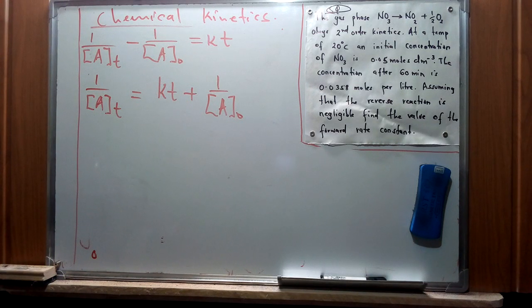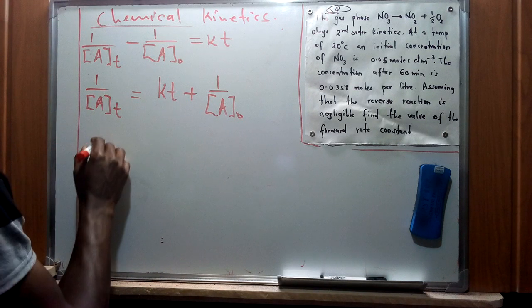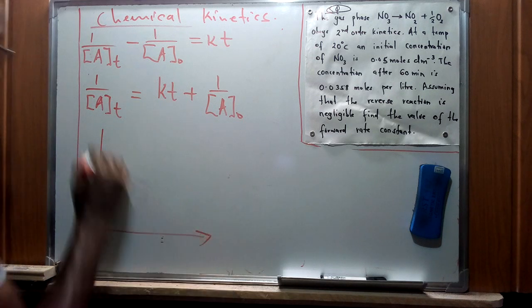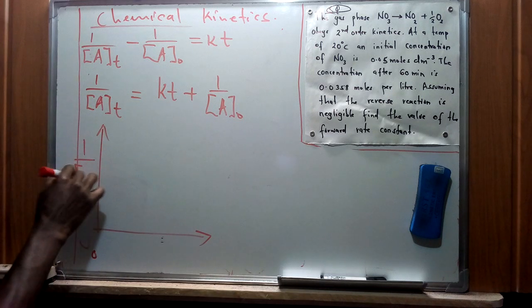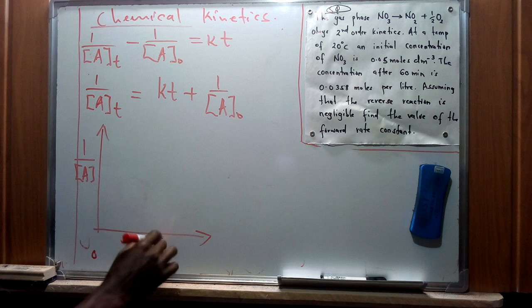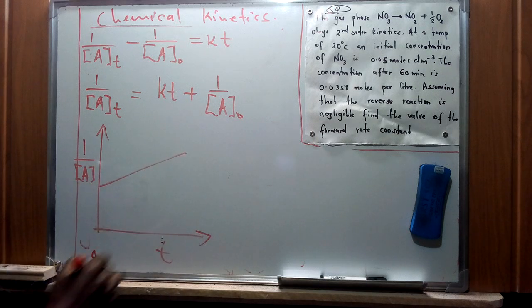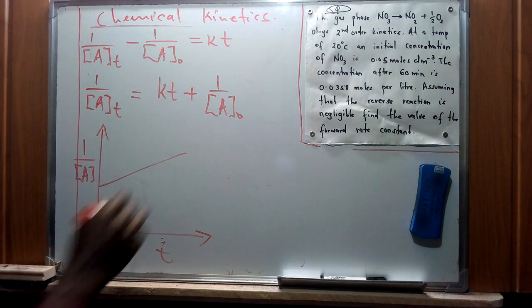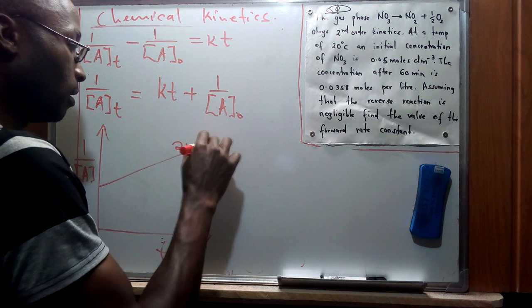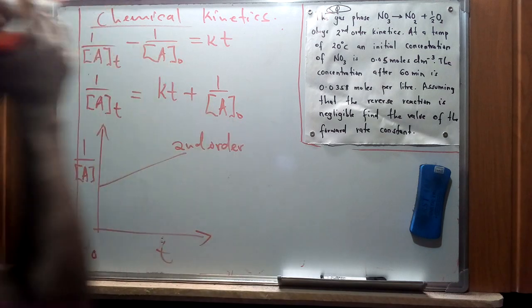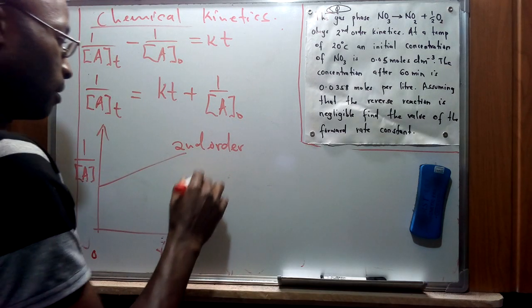So a plot of a graph of 1 over the concentration of A against time is going to give me a plot of that nature. And this is generally for second order reaction rates, whereby I'm going to get these positive slopes.